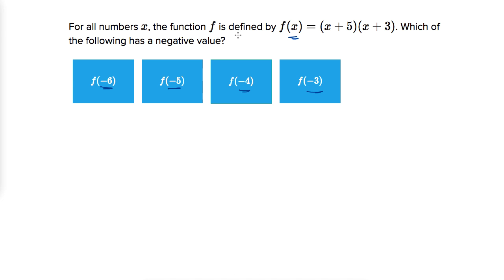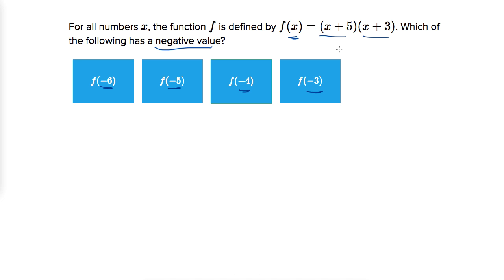So what I mean is, which of the following has a negative value? We need to think about what would need to be true for it to have a negative value. Well, one of these things is going to need to be negative. X plus 5 is going to need to be negative, or x plus 3 is going to need to be negative in order for the whole thing to be negative.